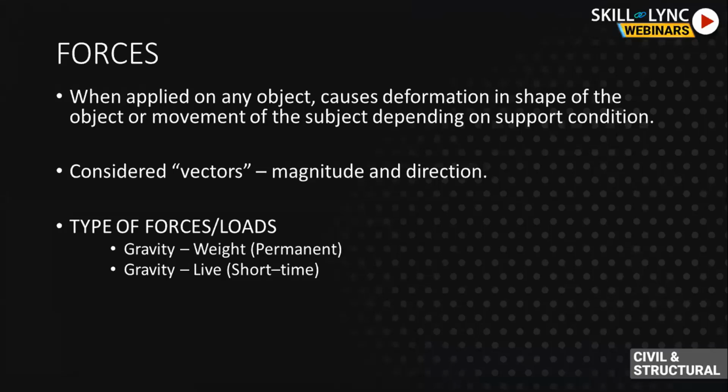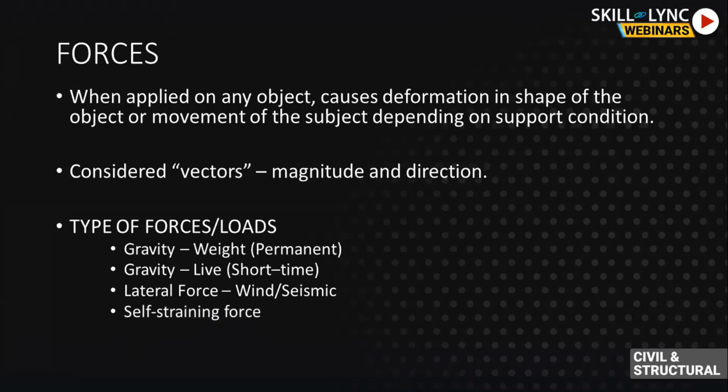That is a short term gravity load. Now coming to the lateral forces. There are various types of lateral forces, such as wind and seismic. For gravity loads there are also some other loads like snow loads and dust loads.